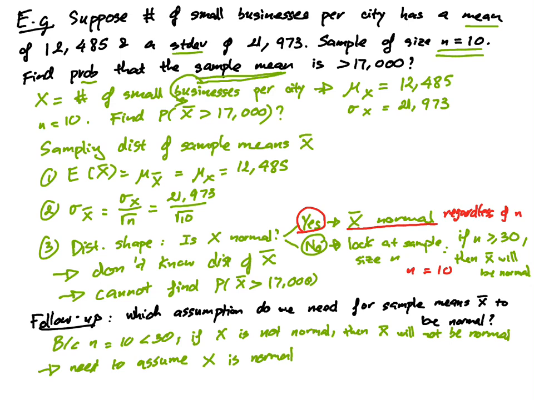Okay? So as long as x is normal, even if we have a sample size of less than 10, x bar is going to be normal always. Okay? So the assumption that we need to make is that x is normally distributed.